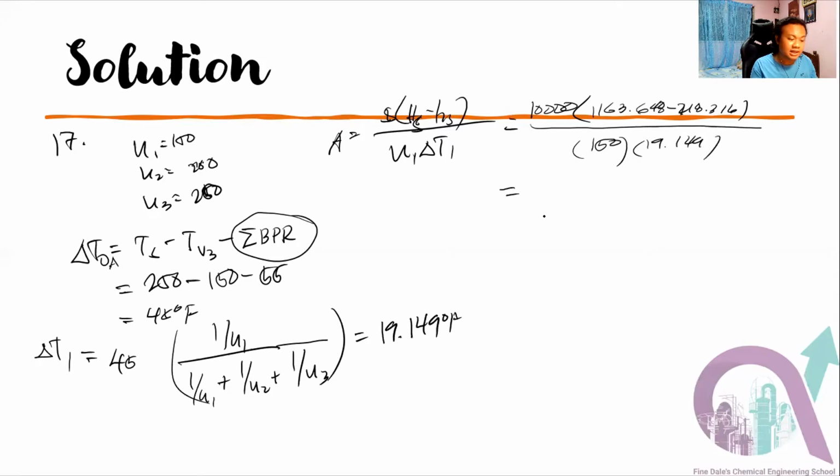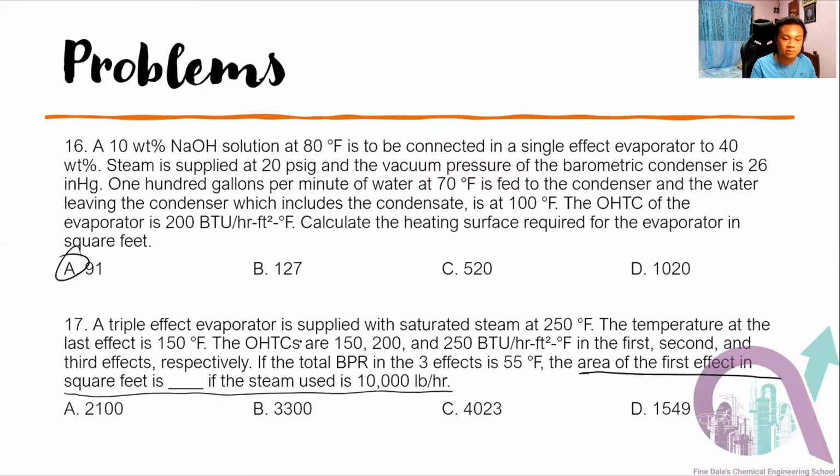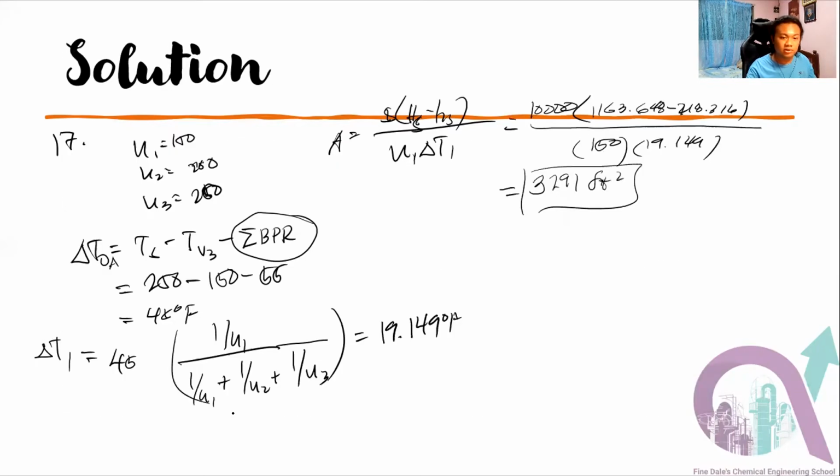We will get 3291 square feet, or close to 3,300, which is letter B. So that's number 17.